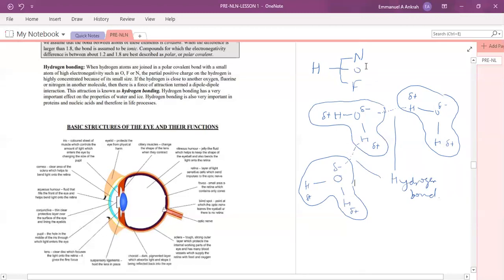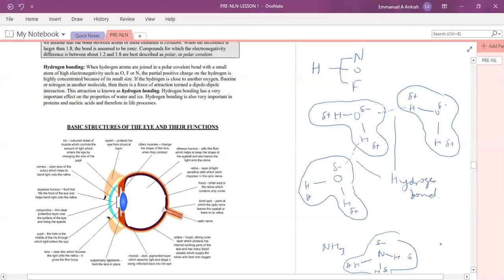Okay. The same will happen if you have nitrogen somewhere. So if I have NH3, you're going to have hydrogen bonding because the nitrogen steals from the hydrogen. Nitrogen will always pull from hydrogen like this. This is slightly positive, slightly positive, slightly positive, and this is negative. So this molecule will look like this.